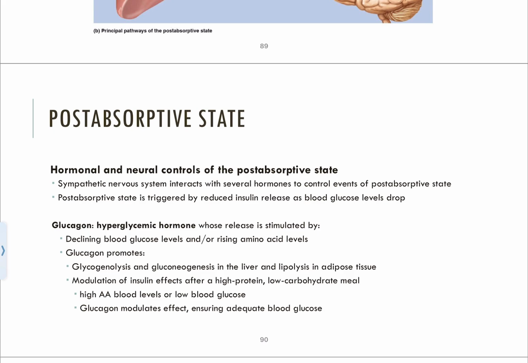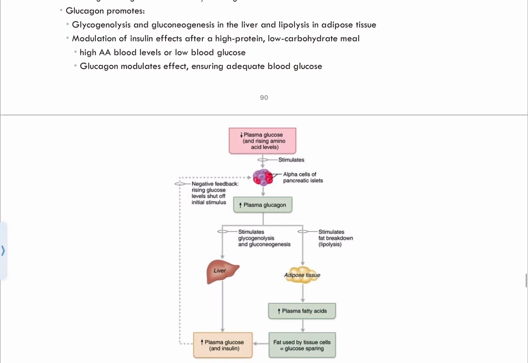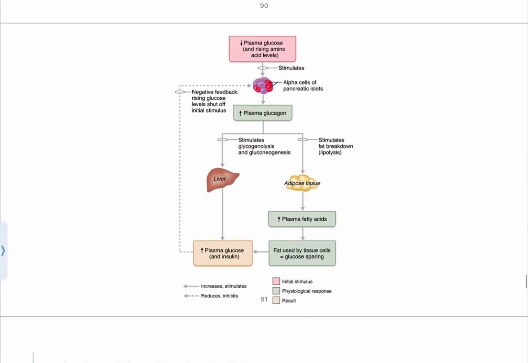It's also going to help adipose cells mobilize their fat stores, so go through lipolysis, and then release those fatty acids and glycerol into the bloodstream.